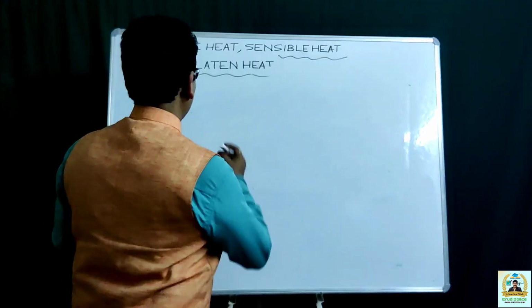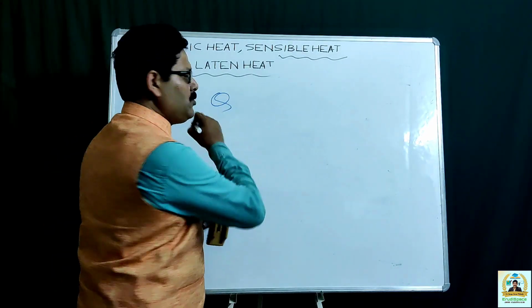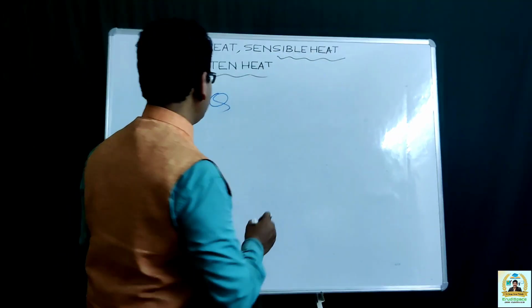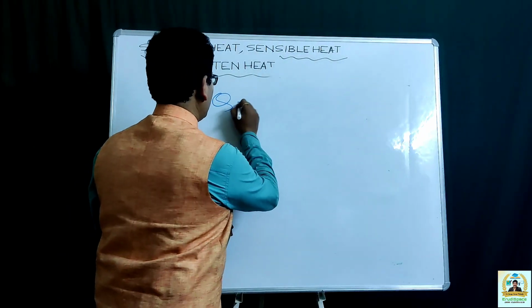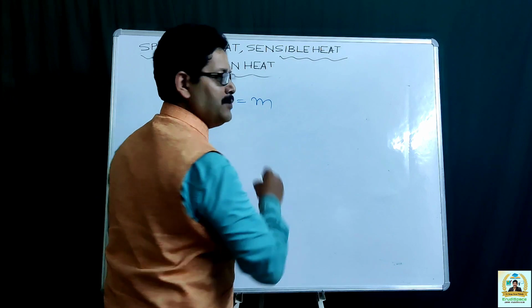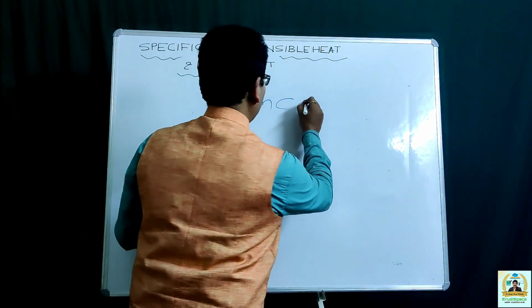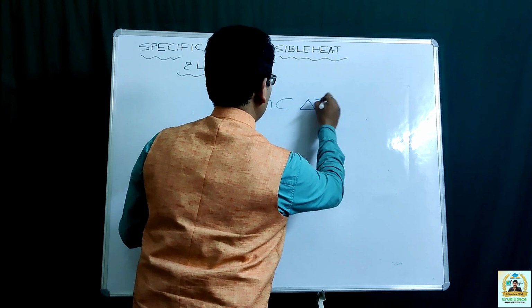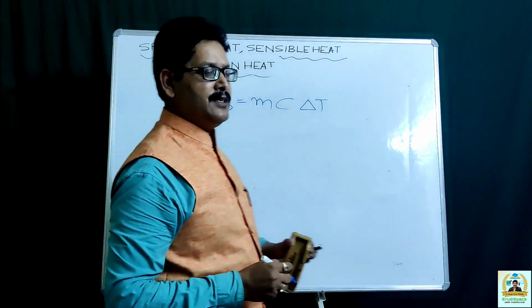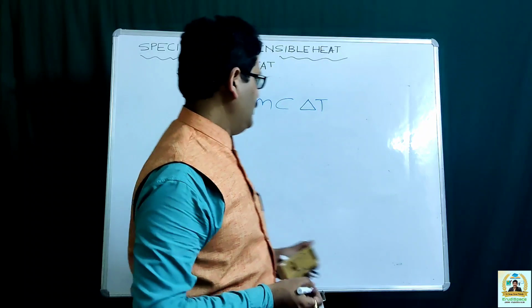If Q is the amount of heat transfer, that is the product of mass of the substance multiplied by specific heat multiplied by delta T, where delta T represents the difference in temperature.